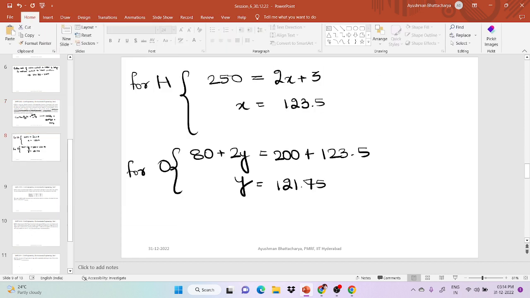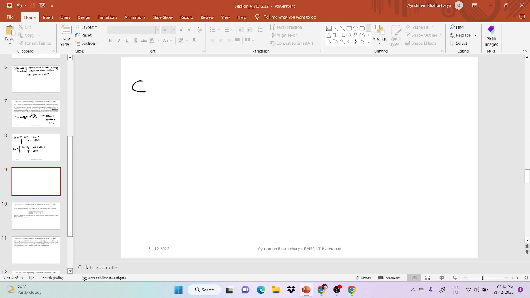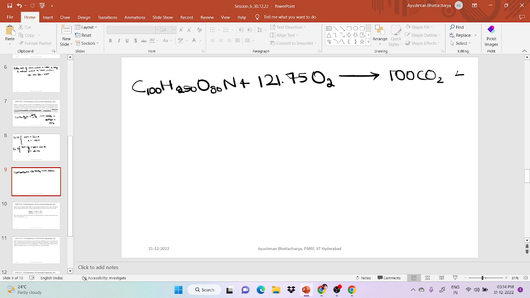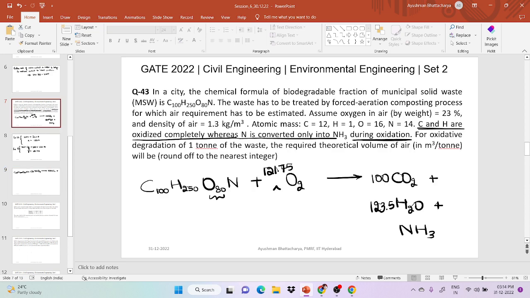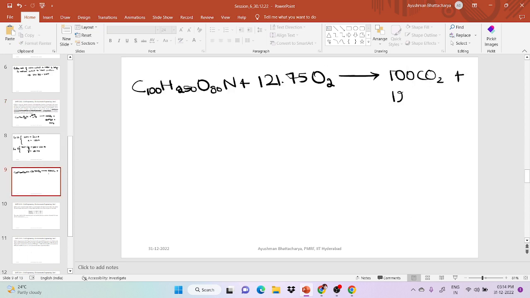So from there it will be easy for you to follow up. C100 H250 O80 N plus 121.75 O2 gives 100 CO2 plus 123.5 H2O plus ammonia.